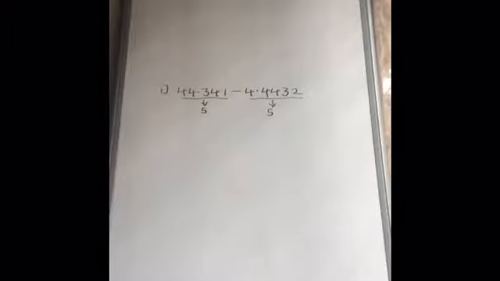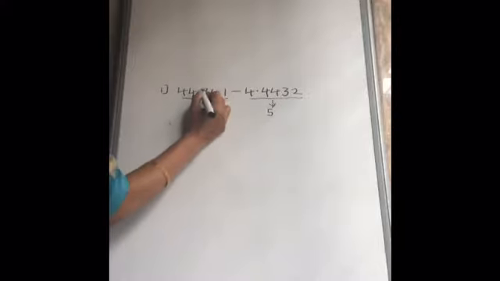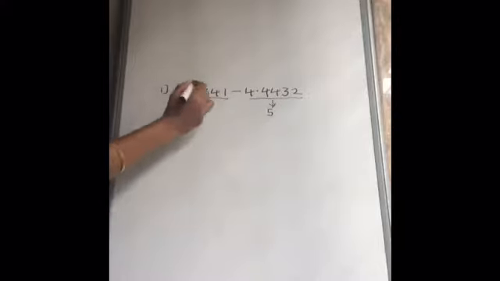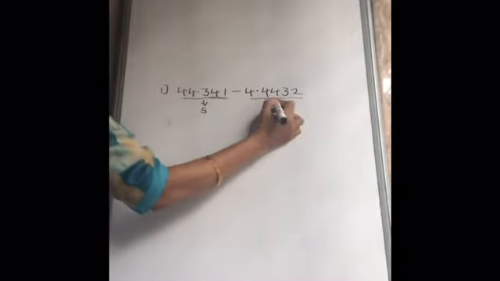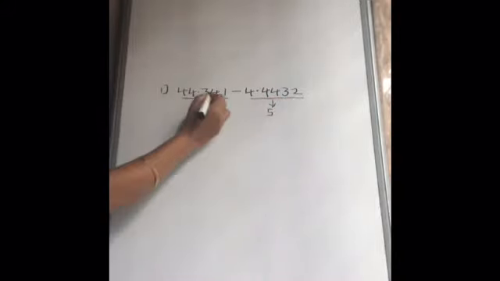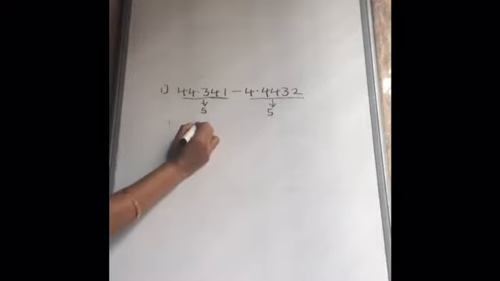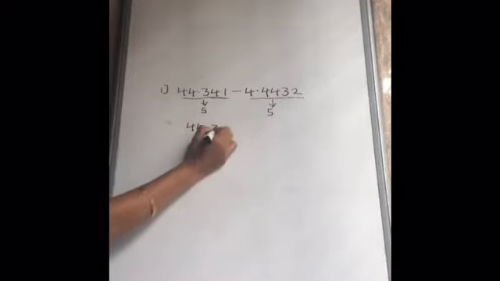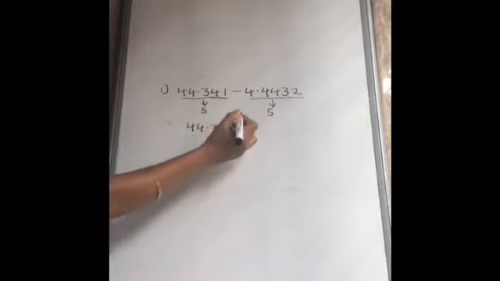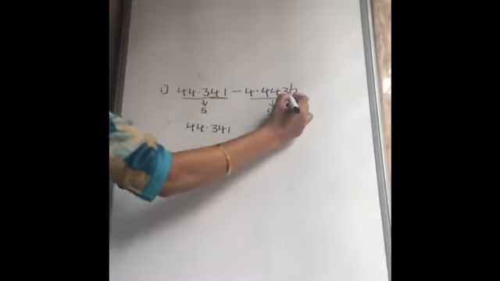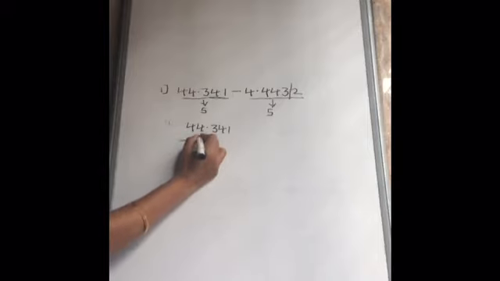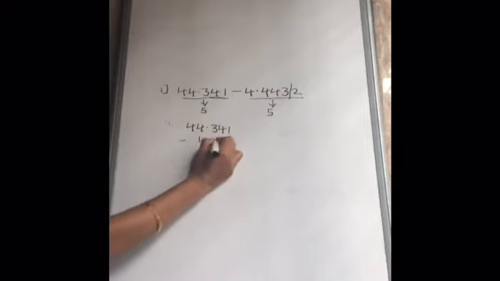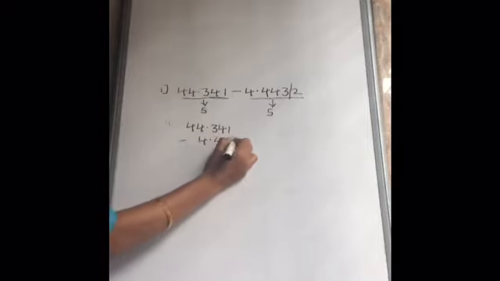But the rule is the same for addition and subtraction. First you have to take the least number of digits after decimal. It has 3 digits after decimal, it has 4 digits after decimal. So we take 44.341 and the other component with only 3 digits after decimal, that is minus 4.443.